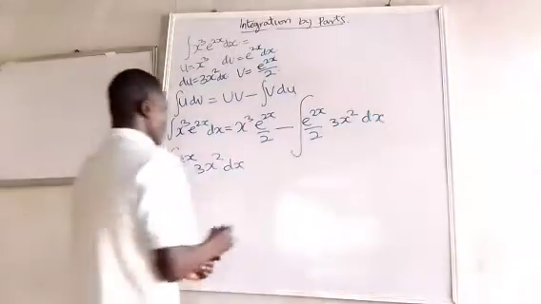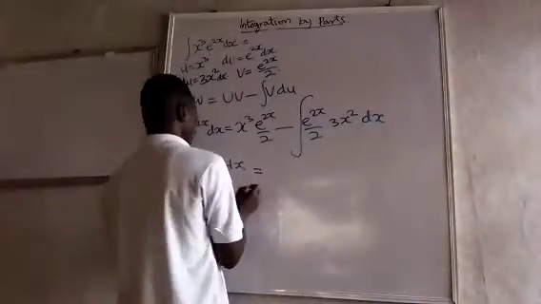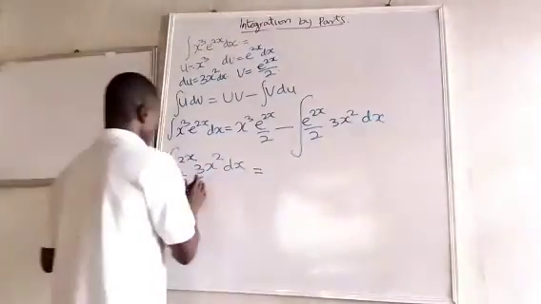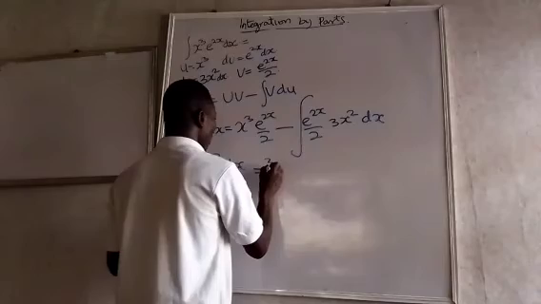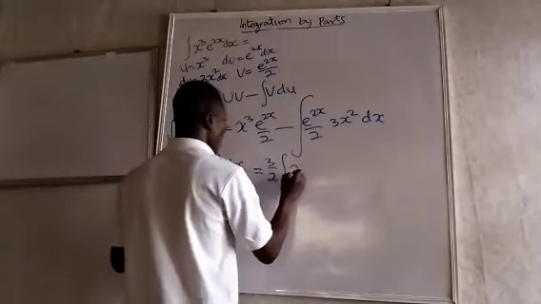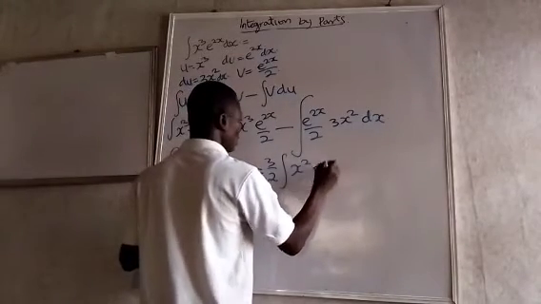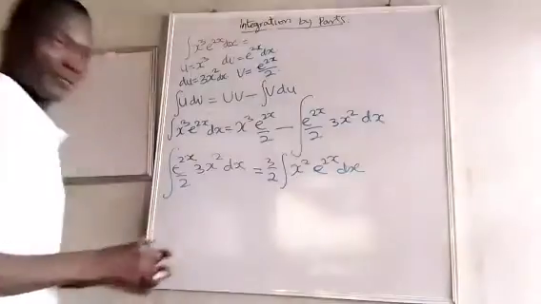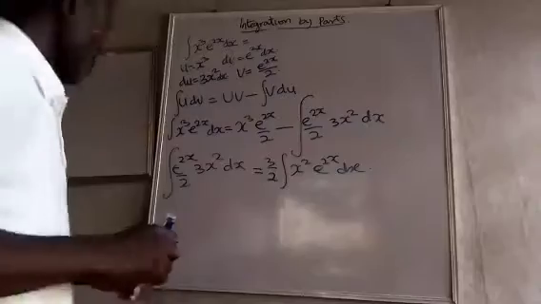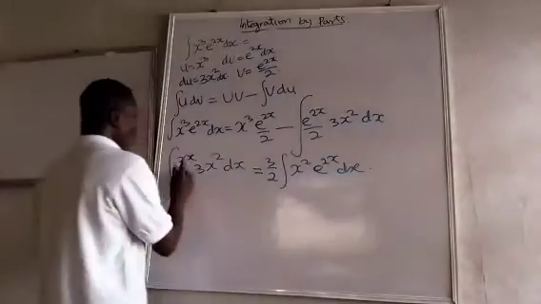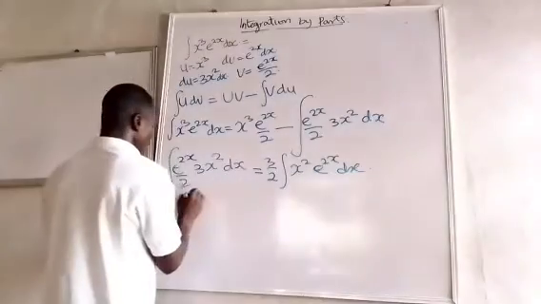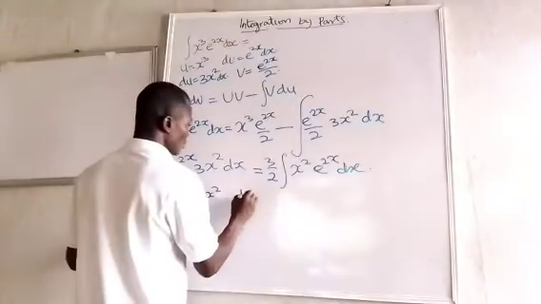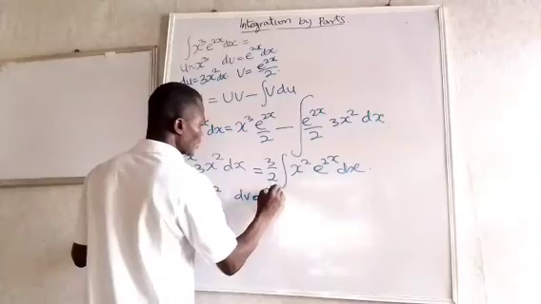So our integral now will be, let me write like this, 3 over 2 into x squared e raised to power 2x. Yes. So let me quickly work on this. What is our u in this instance? u equals x squared, dv equals e raised to power 2x.